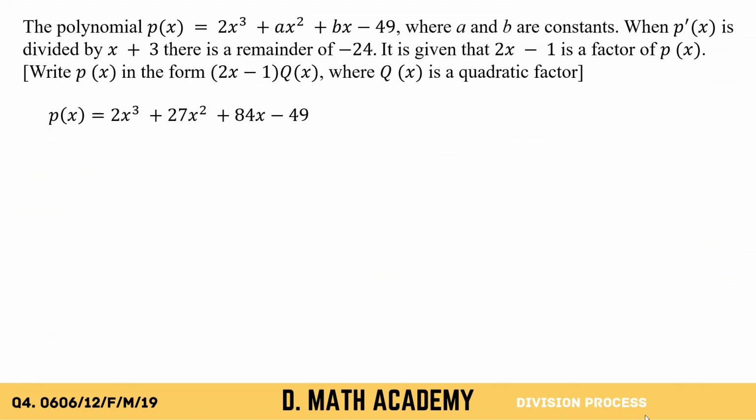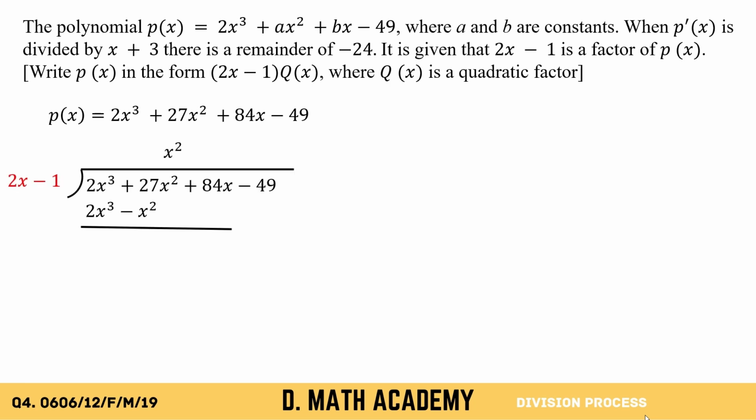You now have the polynomial p as 2x cubed plus 27x squared plus 84x minus 49. Use this information and run the division process, and you get x squared multiplied with 2x minus 1, which gives 2x cubed minus x squared. Run the calculation, then you get 28x squared plus 84x.